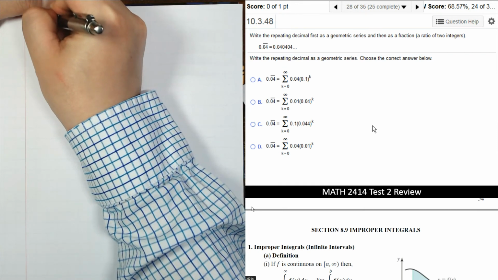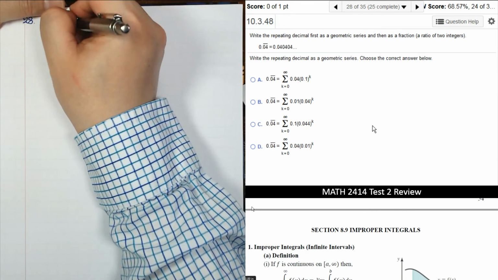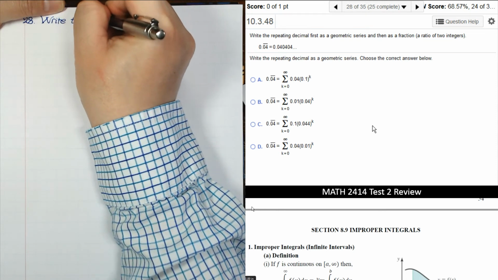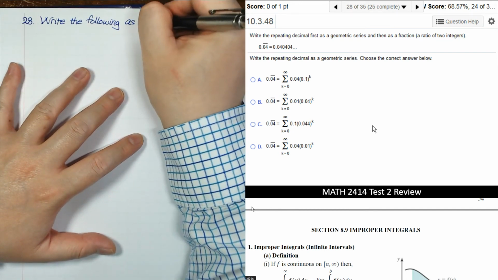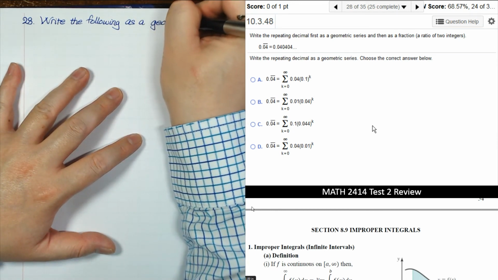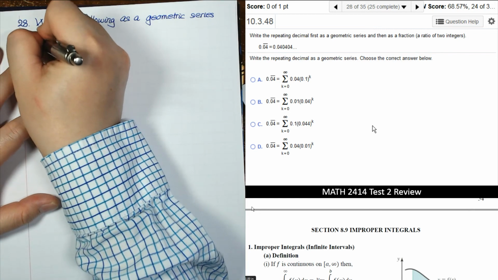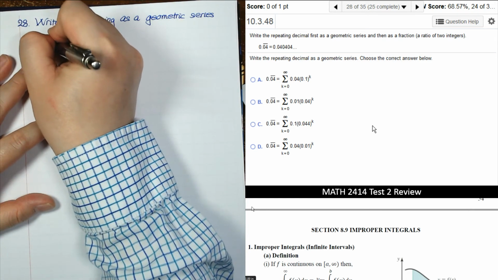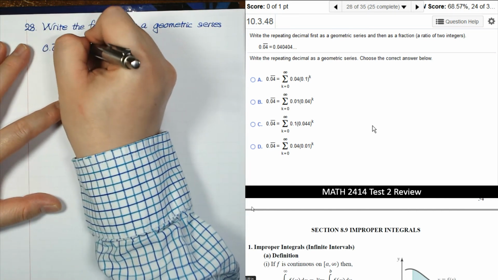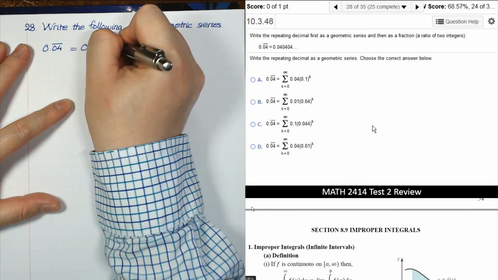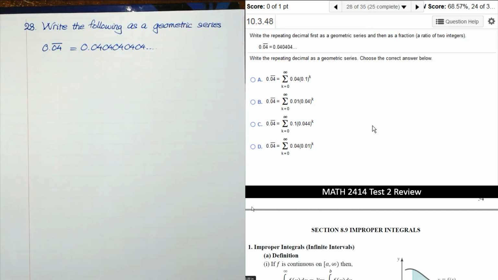Right, we want to write this as a geometric series. 0.04 repeating. So that means like that.